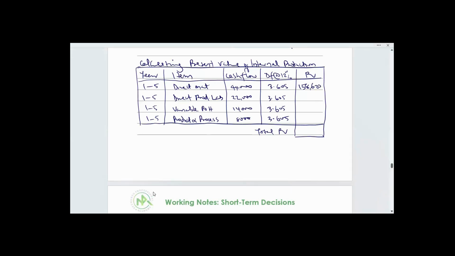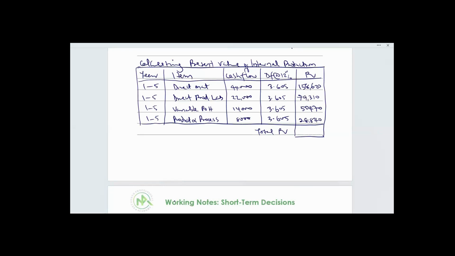Okay, then let me do year 3: multiply by 14 equals 5,470. Anyone again? Direct labor: 79,310. Then product and process: 28,840.